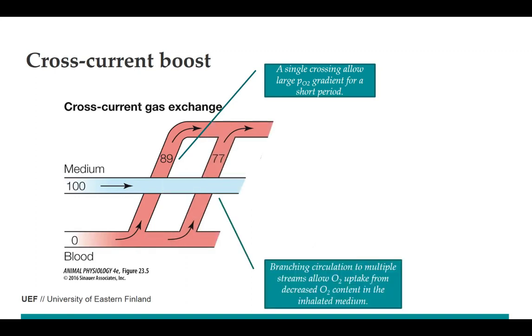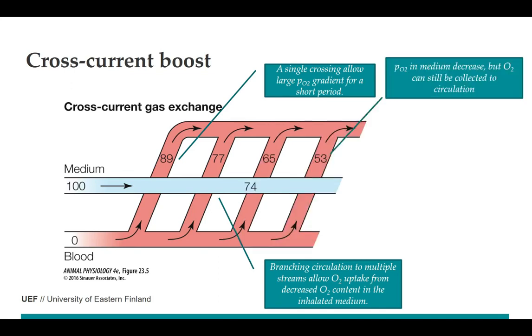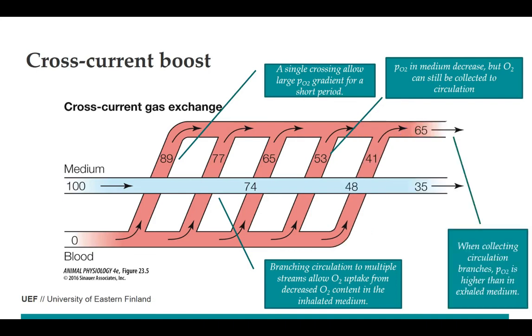But if you have more vessels, more branches in the circulation, you can step by step still take some oxygen from the medium. And then finally, when you are collecting the circulation branches, the pressure of oxygen in the circulation is higher than in the exhaled medium.